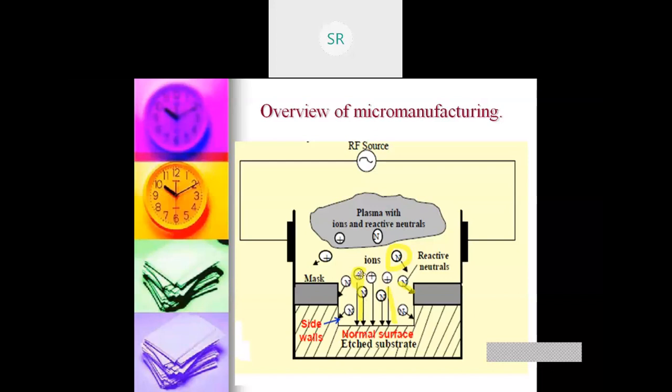Because of the high energy content of the charged ions, local evaporation happens here, and because of the evaporation the substrate will be removed. So the high energy of the ion causes local evaporation, and the result is the removal of substrate material. This is the process of plasma etching.